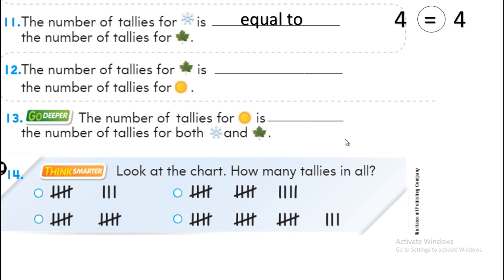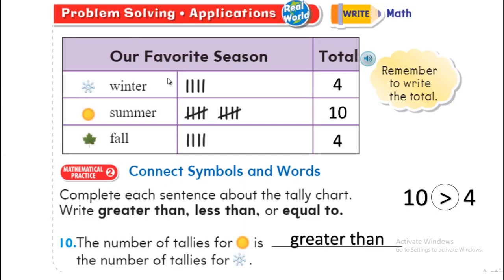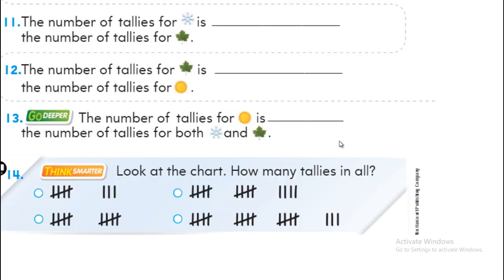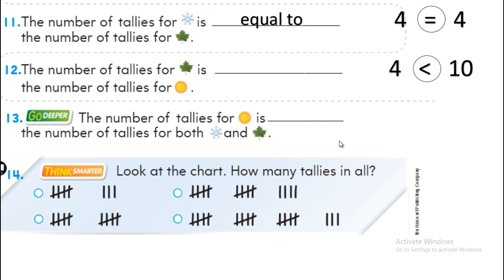The number of tallies for fall is blank the number of tallies for summer. So go back. We want to compare between fall and summer. Fall is 4, summer is 10. So start with 4. Is it greater, equal to, or less? 4 is less than 10.